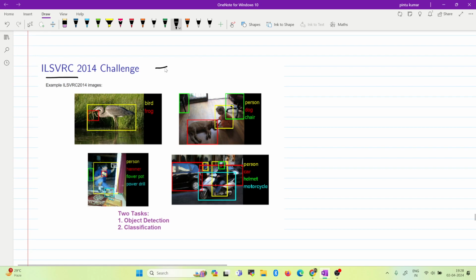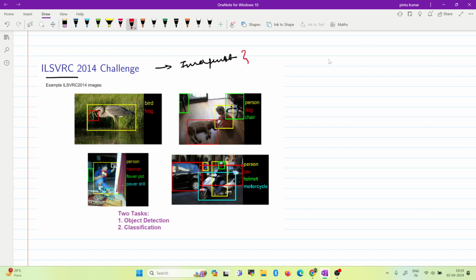This is the ILSVRC challenge for which ImageNet was proposed, and this led to a lot of revolution in using deep neural networks for this vision task. Okay. Here it is not necessary that a particular image contains only one category.